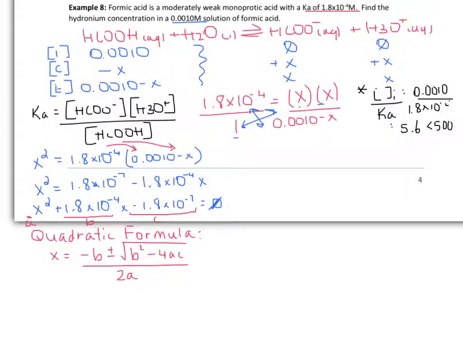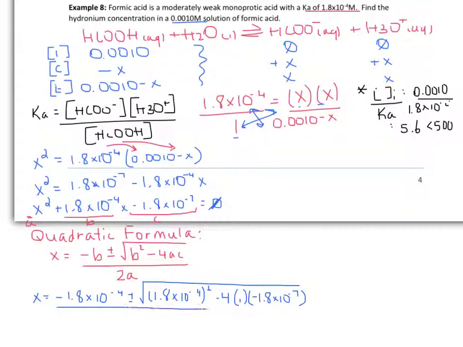Knowing that, you can now plug it into the quadratic formula. So we have x is equal to minus 1.8 times 10 to the negative 4 plus or minus the square root of 1.8 times 10 to the negative 4 squared minus 4a, which is 1, c, which is negative 1.8 times 10 to the negative 7, all over 2 times a.